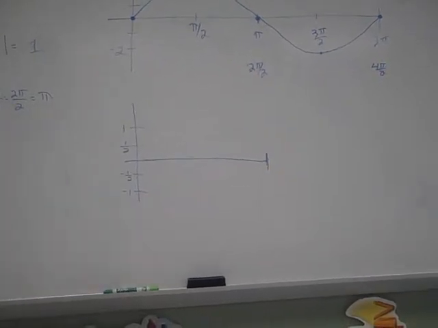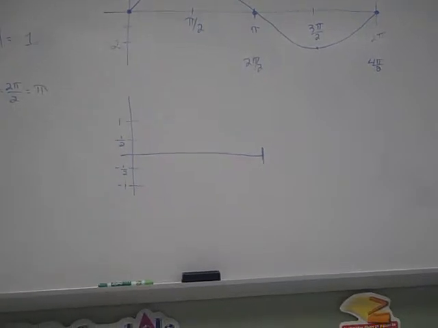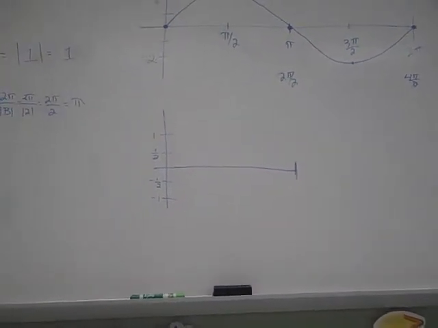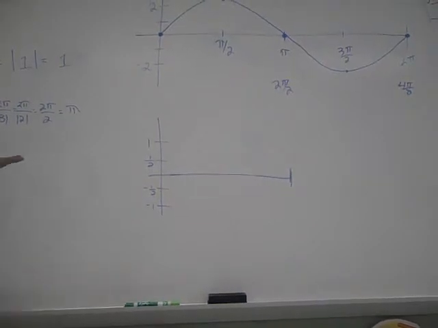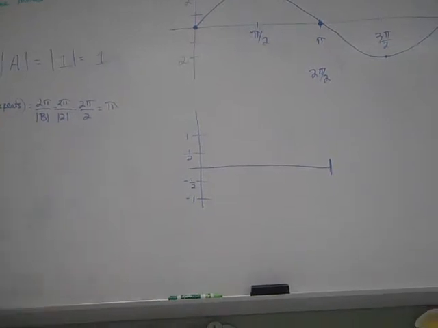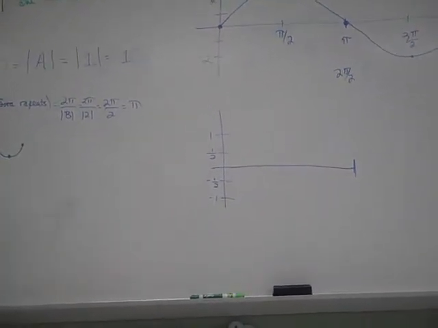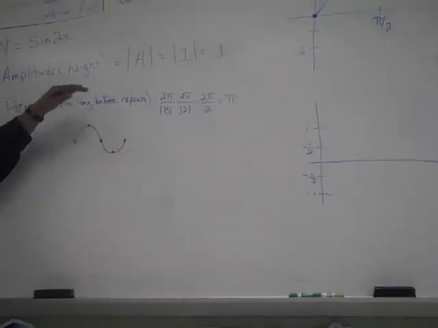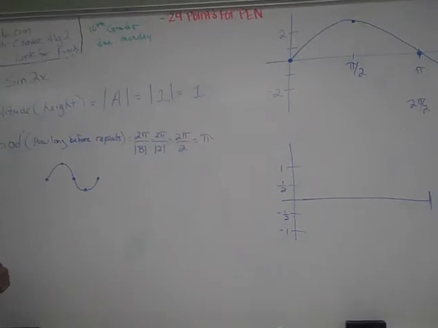All right. So now I already took care of my y-axis using my what? Amplitude. Amplitude relates to height, and height relates to what axis? The y-axis. Middle schoolers say height. High schoolers say amplitude.